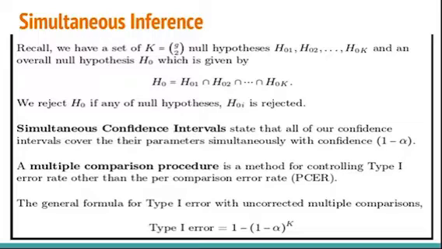But when k equals 2, when the number of hypotheses is more than 1, this is no longer going to be alpha. It will be more than alpha, mathematically speaking.